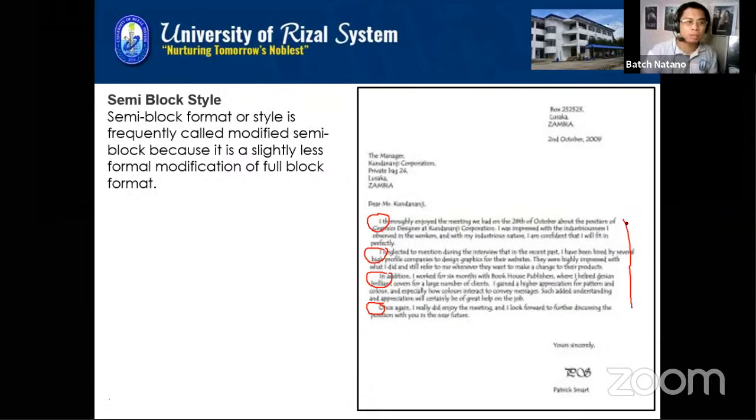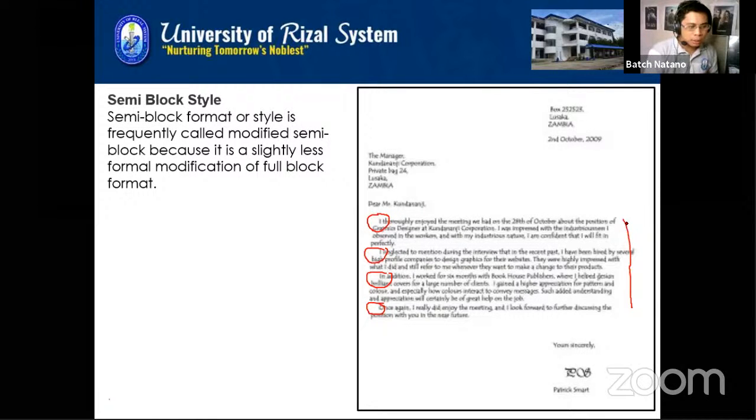So these are the commonly used formats that I observed. These are also some of the most commonly used formats in other organizations, since I also receive letters from different organizations, and I noticed that they also use one of these formats that I had already mentioned.